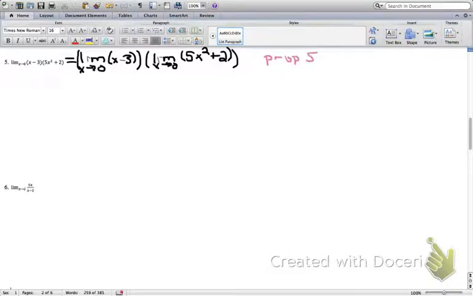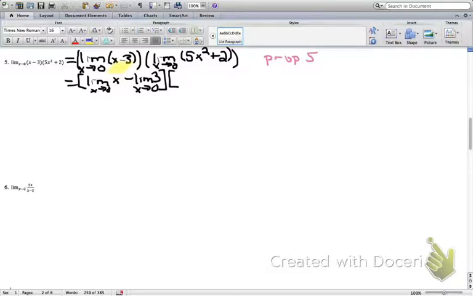Next, we can use our property 3, and since we have x minus 3, we can separate that. So now we have the limit of x as x approaches 0 minus the limit of 3 as x approaches 0.